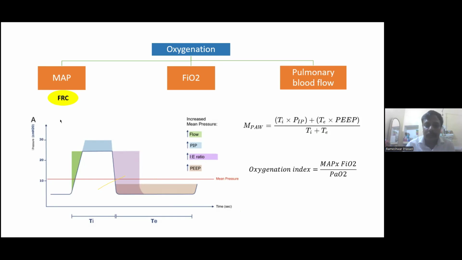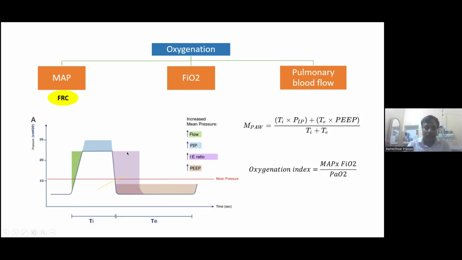What are the factors which increase MAP? The most important factor is PEEP, because most of the time the IE ratio is 1:2. So during the respiratory cycle, most of the time the baby is in the expiratory phase.